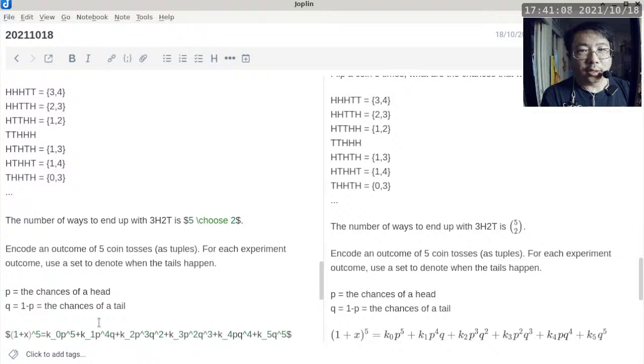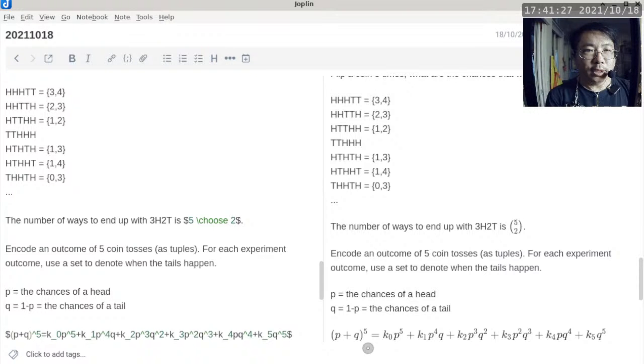Or you can say X plus Y, but I'm going to keep P and Q here. There we go. Does that make sense? For some K0, K1, K2, all the way up to K5, this is how we can expand P plus Q to the power of 5. Are we good so far?